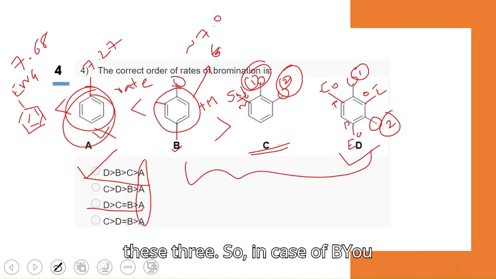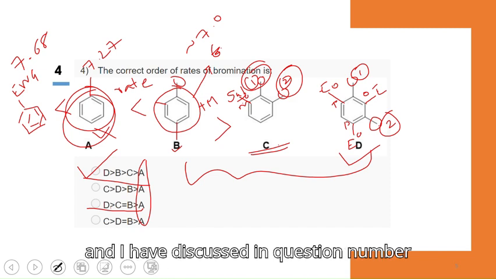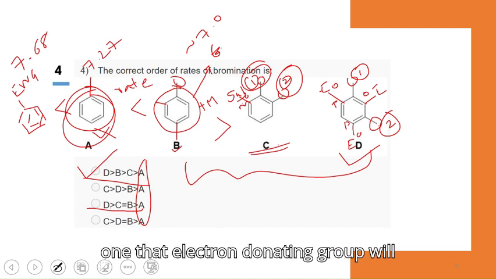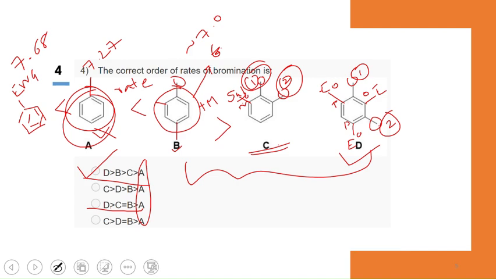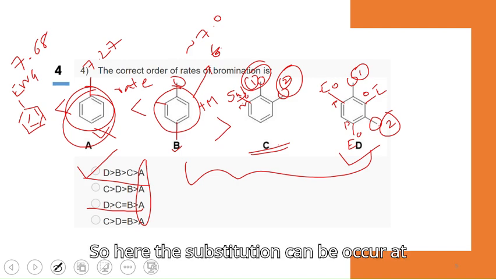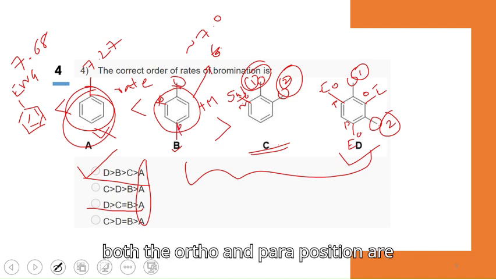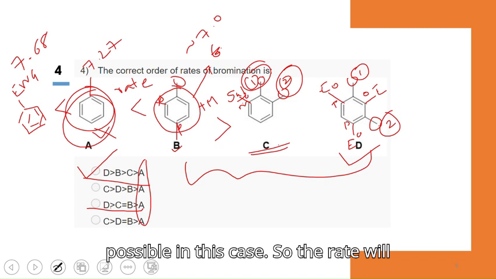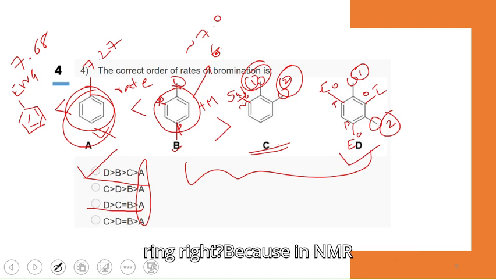So in case of B, you can see only one substitution is there, and I have discussed in question number 1 that an electron donating group will be a para and ortho directing group. So here the substitution can occur at the ortho position and para position, right? So both the ortho and para positions are possible in this case. So the rate will be higher compared to the benzene ring, right?